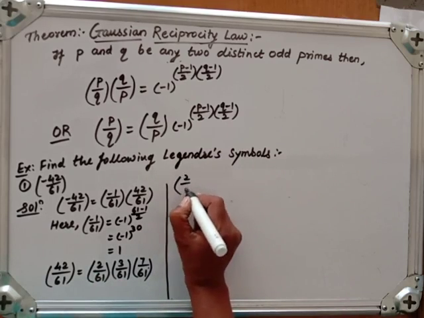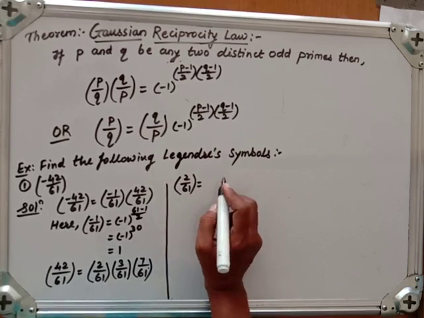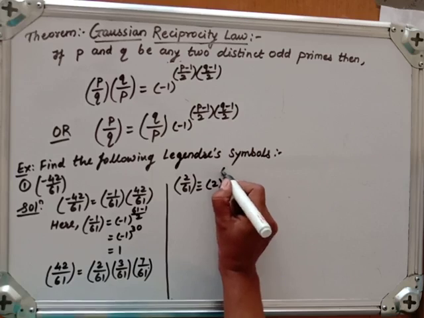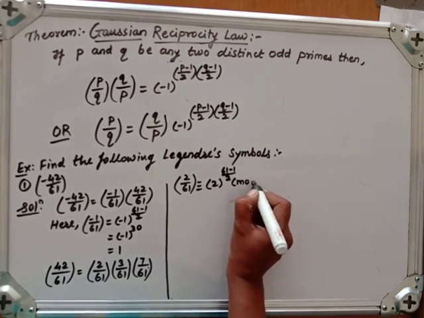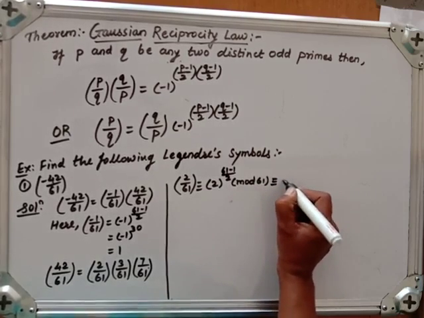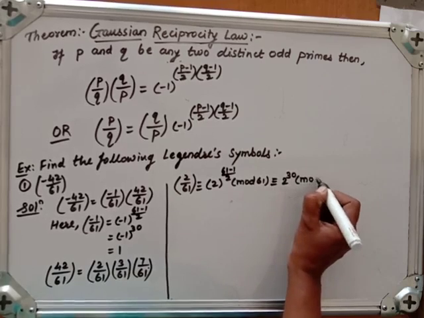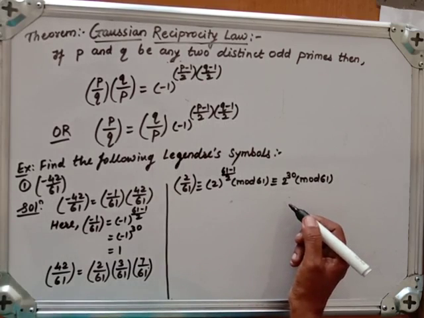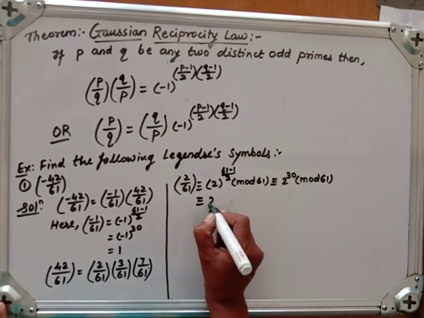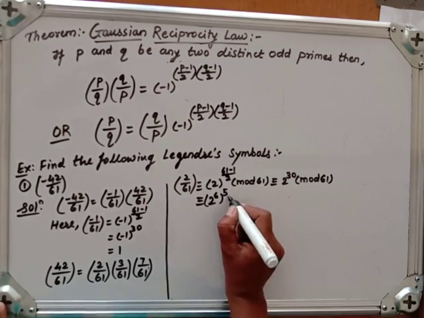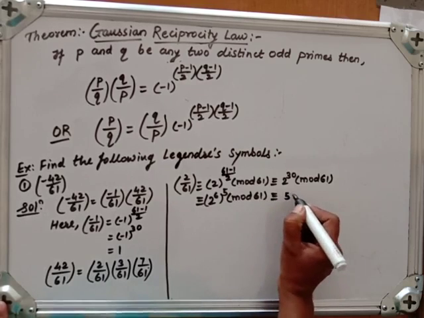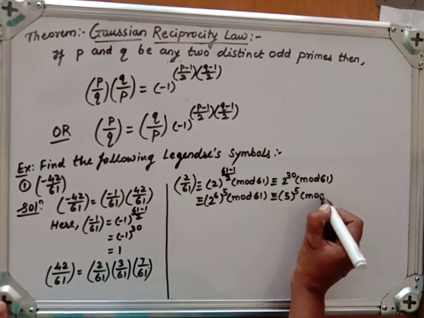Legendre symbol (2/61): this is congruent to 2 raised to (61 minus 1) by 2 modulo 61. So this is congruent to 2 to the 30 modulo 61, which is 2 to the 6 to the 5 modulo 61. 2 raised to 6 is 64, and 64 modulo 61 is 5. So 5 raised to 5 modulo 61.